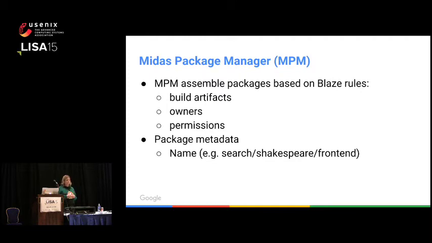That becomes real convenient because we can apply access control lists at any point in the hierarchy. So I could apply an access control list to search Shakespeare, and then search Shakespeare... I need to use a name I can pronounce. Shakespeare front end will inherit all the permissions that were in the parent.